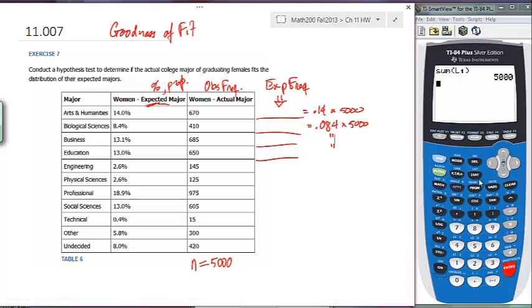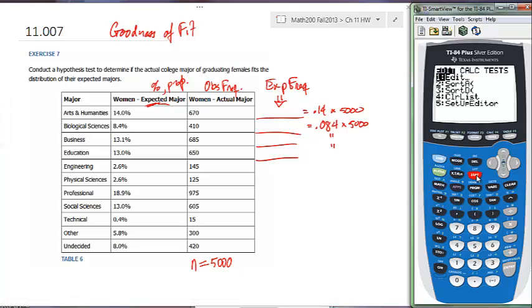So what you can do is go back to the list. Now, I already did this ahead of time, but in L3, I listed down the percentages as decimals.